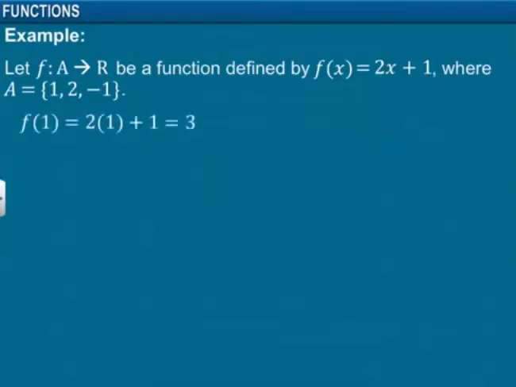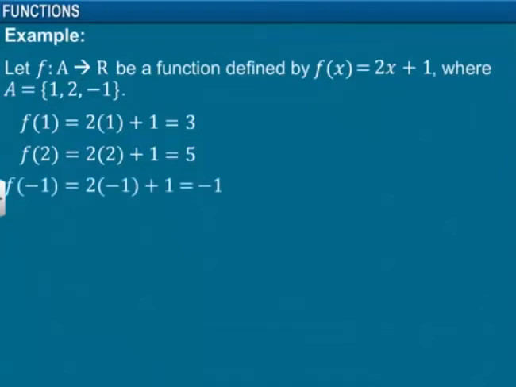This is equal to 3. f(2) is equal to 2 into 2 plus 1. This is equal to 5. f(minus 1) is equal to 2 into minus 1 plus 1. This is equal to minus 1. This implies that the ordered pairs (1, 3), (2, 5), and (minus 1, minus 1) are the elements of f.